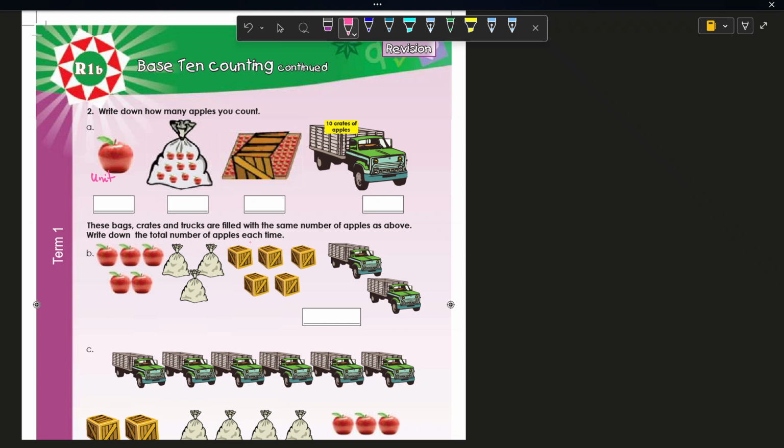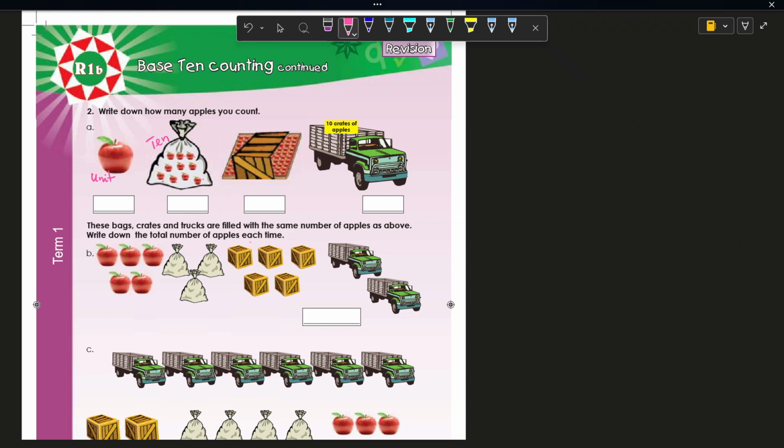Now, when these apples are grouped in this bag, how many are there inside? We can count them. 1, 2, 3, 4, 5, 6, 7, 8, 9, 10. So whenever we see a bag like this, we can think of it as a 10, right? And then the next shape here, we've got a crate. Yeah, this is like a crate, like a box.